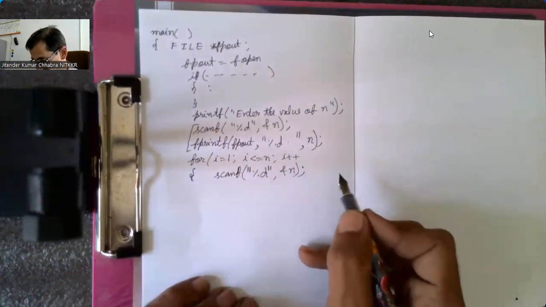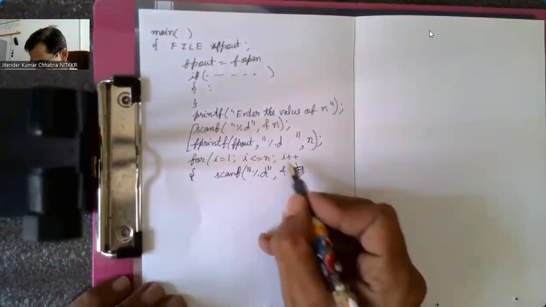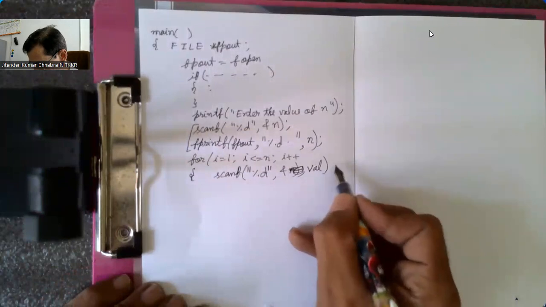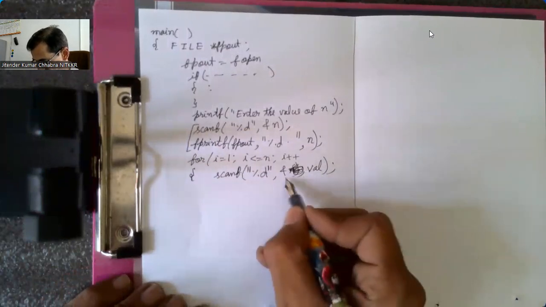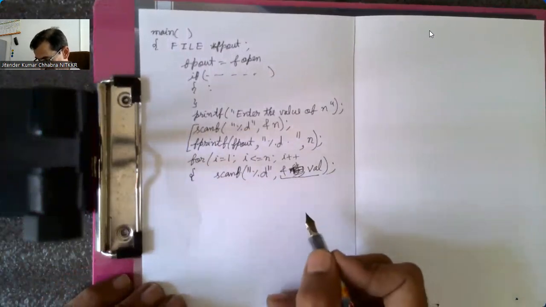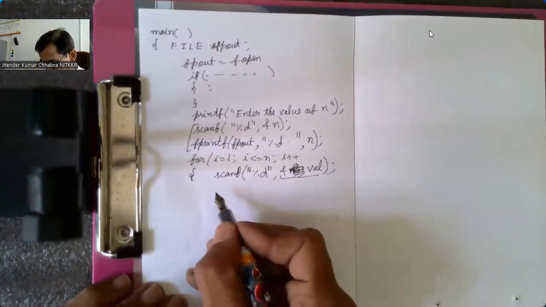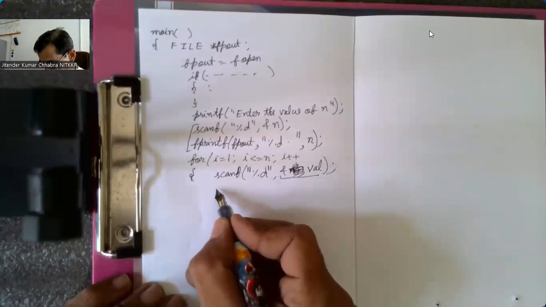We read into not n but some new variable, let's say val. So I have declared an integer variable, and that val is being read. The first time I gave 23, val gets 23. I want it to be written in the file.